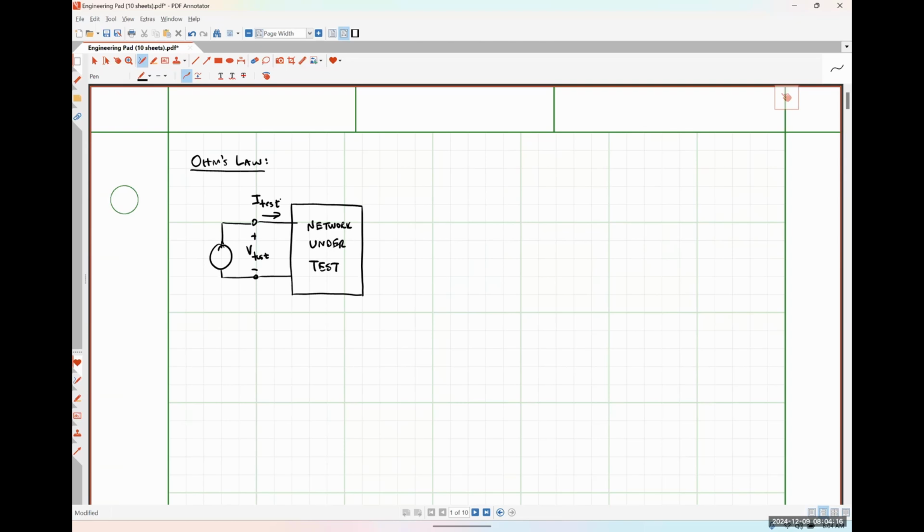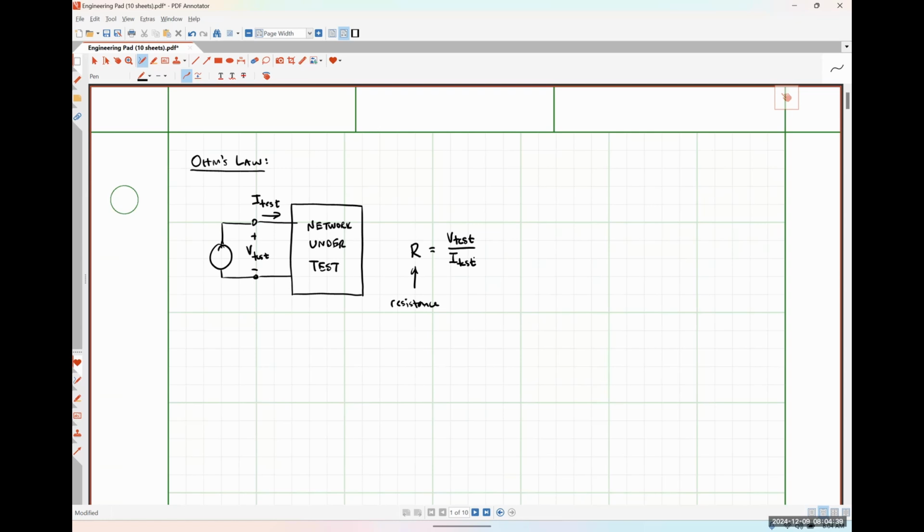And he called that constant of proportionality resistance R, where our resistance R is defined as simply the ratio of the test voltage divided by the test current.